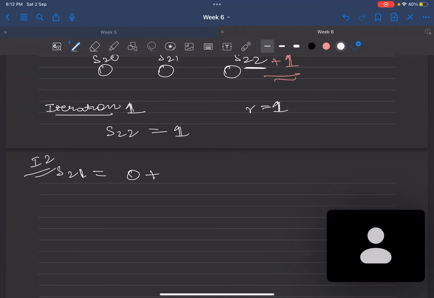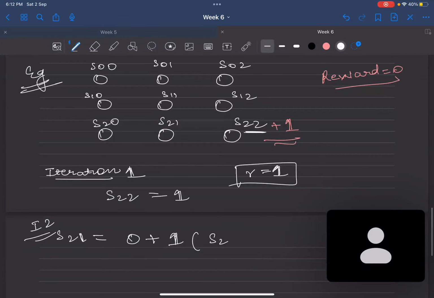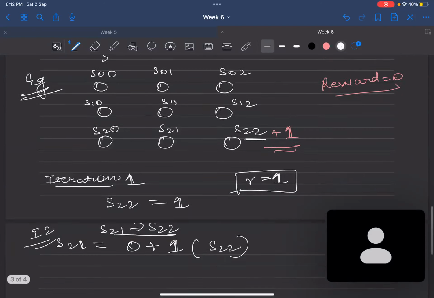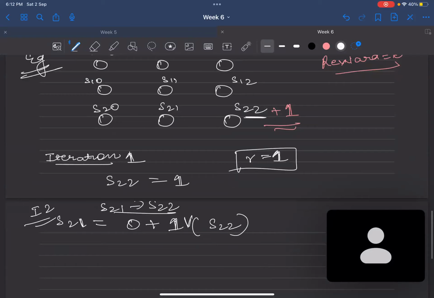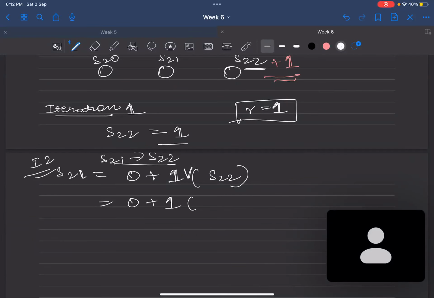I think I don't have to tell you again what gamma is; you might be aware that gamma is the discount factor. So 1 times the value function of S22, as I'm going from S21 to S22. So 0 plus 1, and the S22 value function is basically 1.